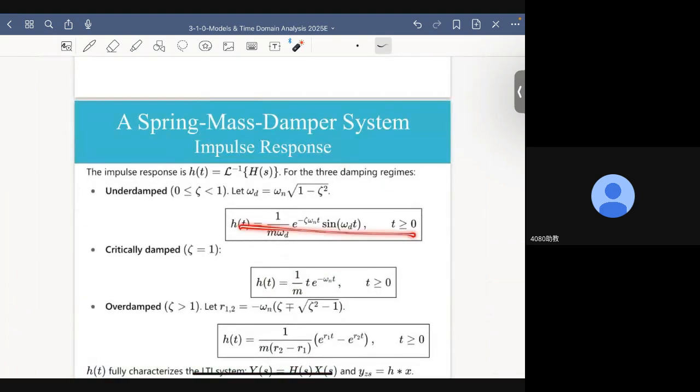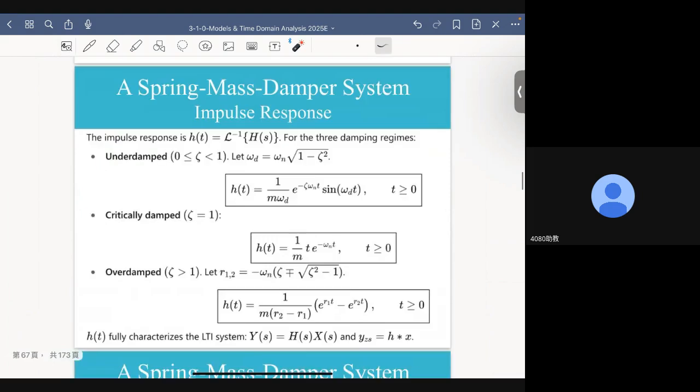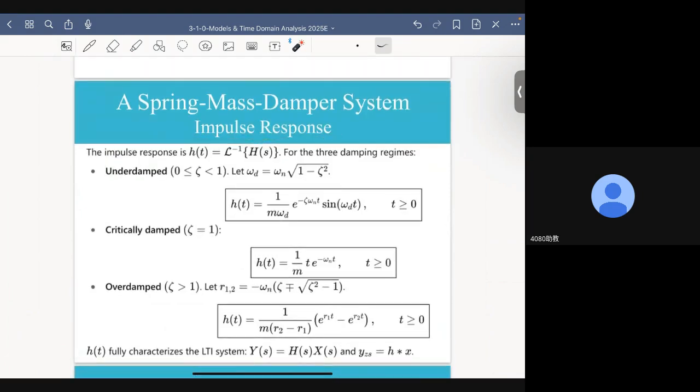But the mathematical representation of the impulse response really depends on the value of eta. Okay? It can be divided into three cases: underdamped, critically damped, and overdamped. If the value of eta is larger than 0, remember that the value of eta is always positive.